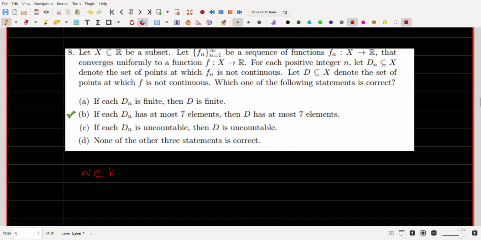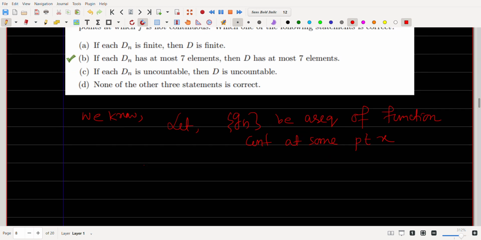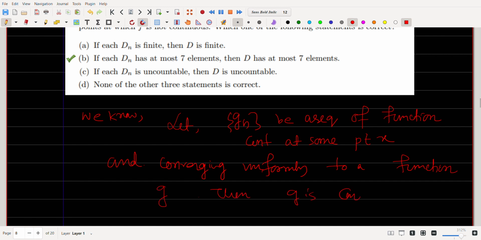Okay, so we know, let g_n be a sequence of functions continuous at some point x and converging uniformly to a function g, then g is continuous at x.